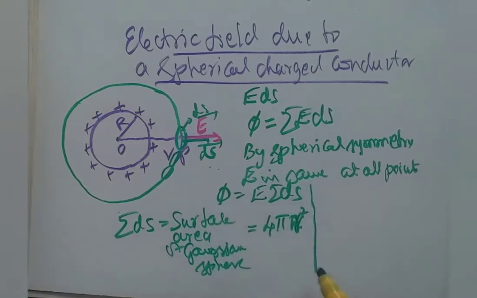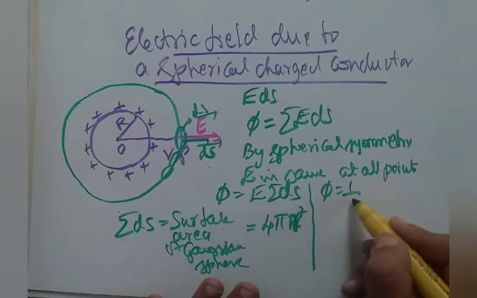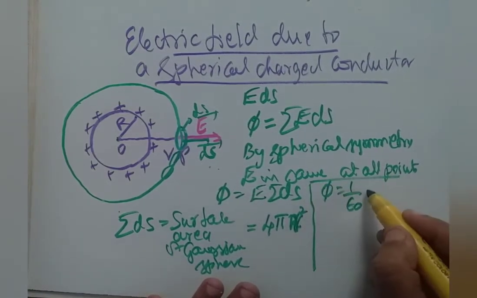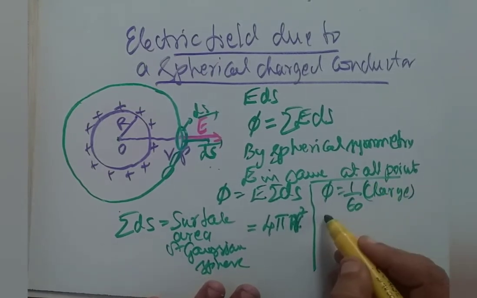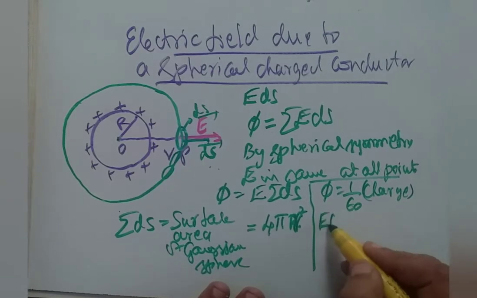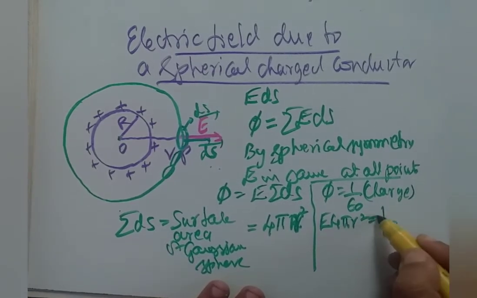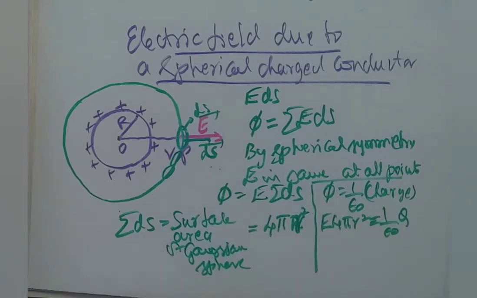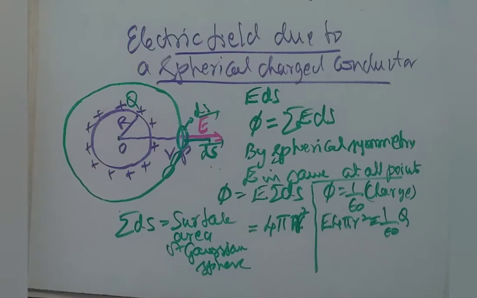Now, we apply the Gauss law. We know flux equals 1 by epsilon naught charge. So, flux is E into 4 pi r square, which is equal to 1 by epsilon naught Q, because the whole charge on the sphere is inside the Gaussian sphere.